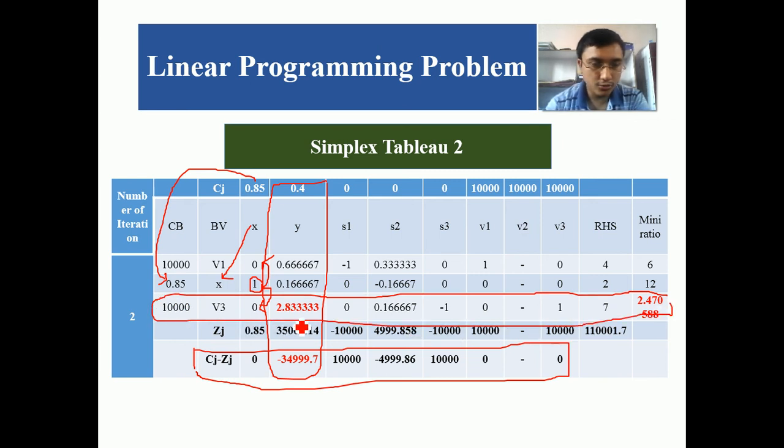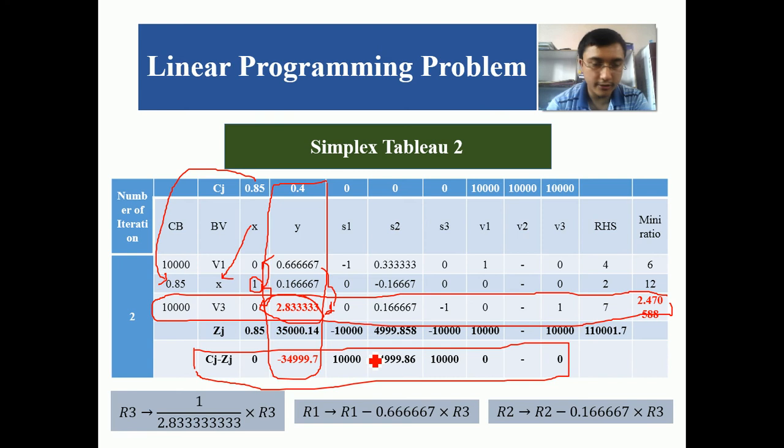that is 2.833 is our pivot element र यसलाई हामी 1 बनाउँछौं, and with the help of this we will make these two 0, and for it we will see the row operation below, that is R3 tends to 1 by 2.83333 times R3.